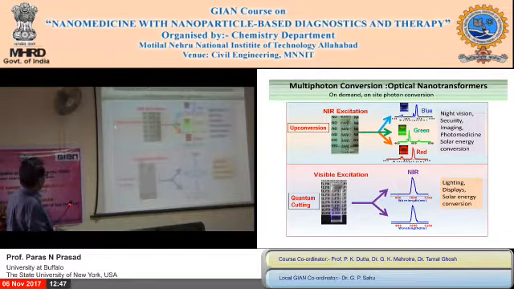Then when we shine light at 980 nanometer with a handheld laser, like this kind of laser size, depending on the rare earth ion present in the nanoparticle, you can have upconversion to green. So there is invisible light going through, 980 nanometer you cannot see. You can convert it to green.